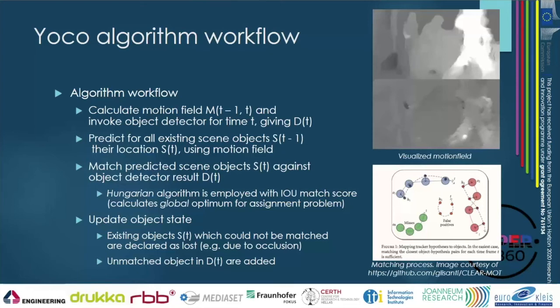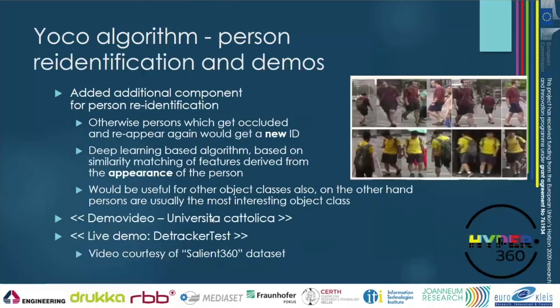Usually that is because they got occluded by another object. On the other side, unmatched objects which have been newly detected are objects which are appearing newly, and these are added to the list of the scene objects.